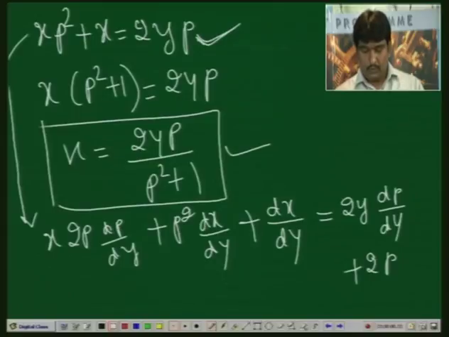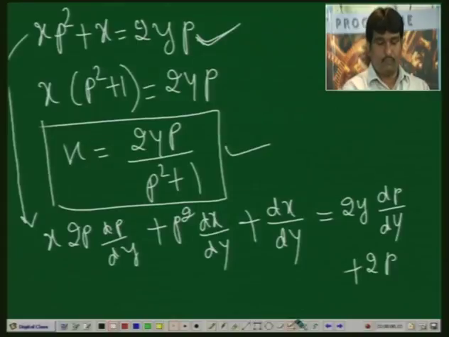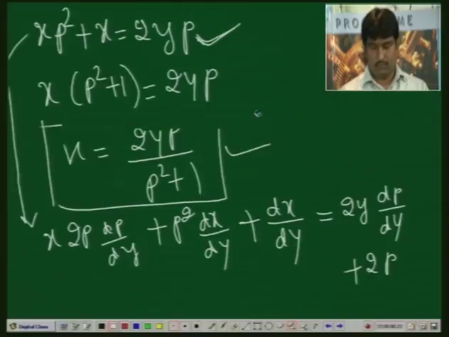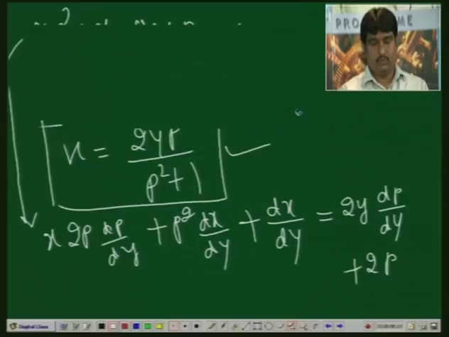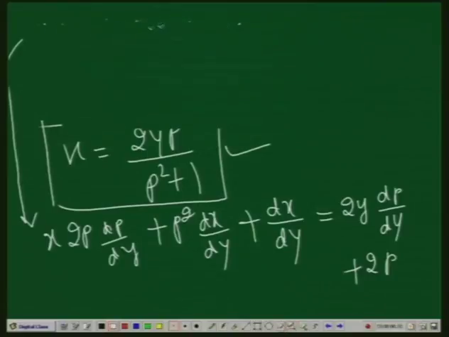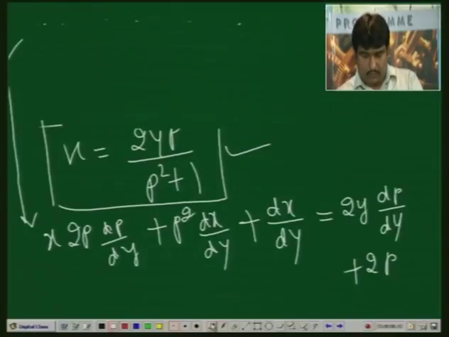Now, you simplify this equation. You have to write this dx by dy as 1 by p.